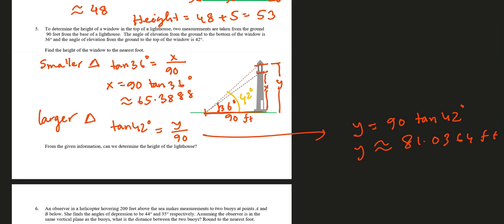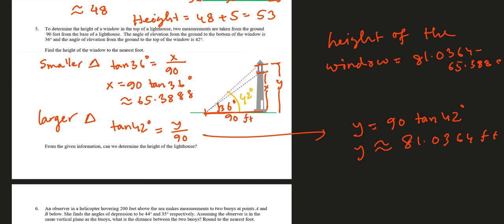Now to find the height, we just subtract x from y. So the height of the window equals 81.0364 minus 65.388, and the final answer will be approximately 16 feet.